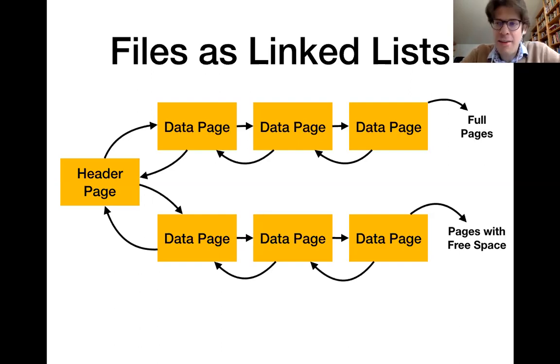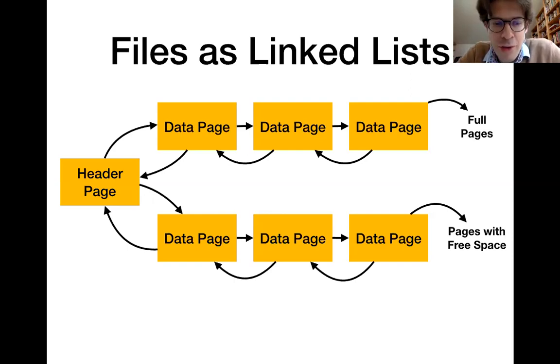So this is helpful because if I want to insert new data into my table, then I can primarily look at the pages where I have some free space. And if I find one page with enough free space, then I can insert my new data there.